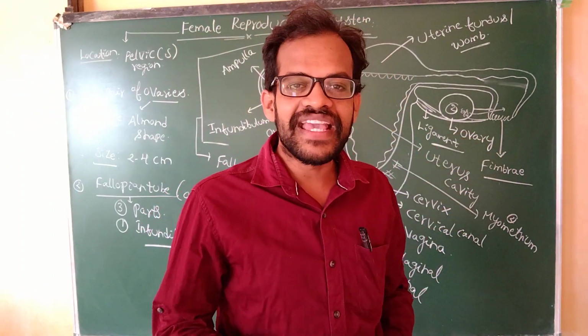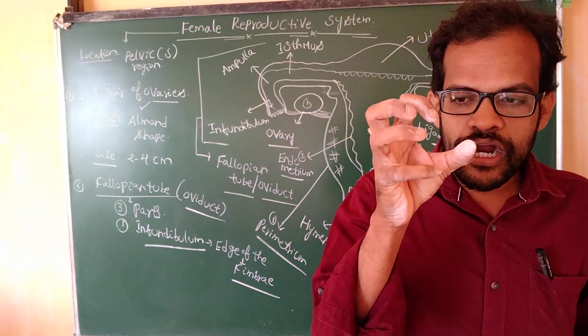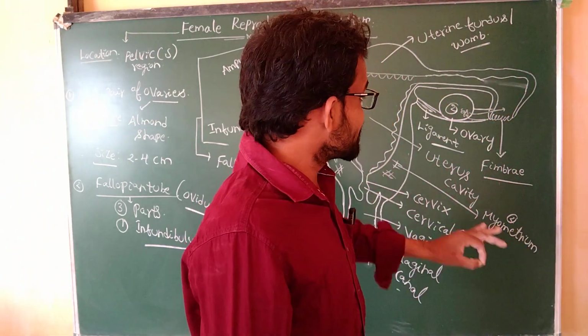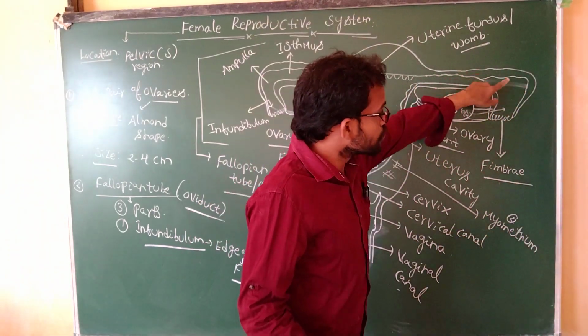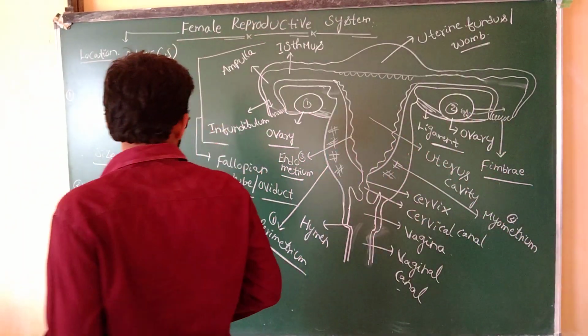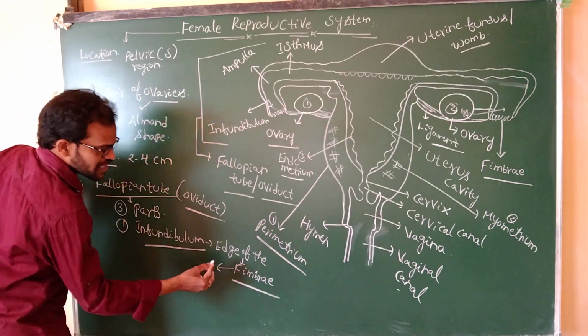With the help of the contraction of the fimbriae, whenever the female body produces an egg cell, the egg cell travels from the ovary to the infundibulum. What is the role of the fimbriae?